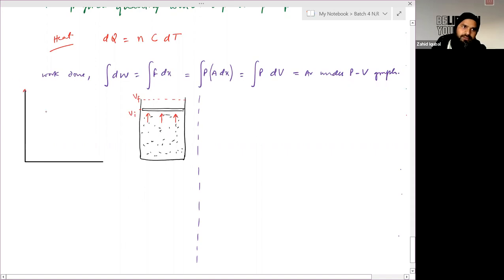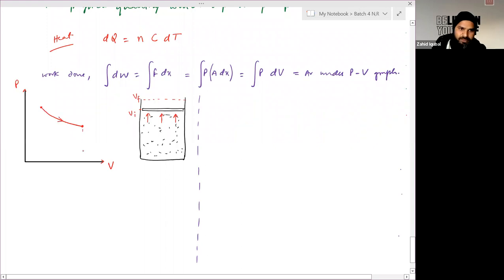So if you plot pressure versus volume for this process, let's say it starts at this point. On increasing volume, there may be a change in pressure or there may not be. I'm just considering there is a change in pressure by any process to this point. So the graph will be along this way.